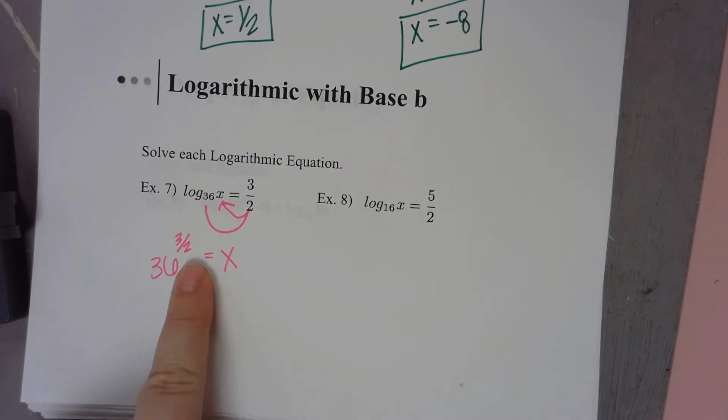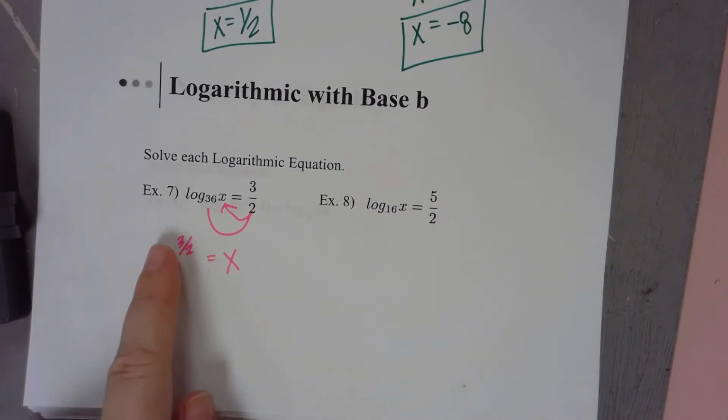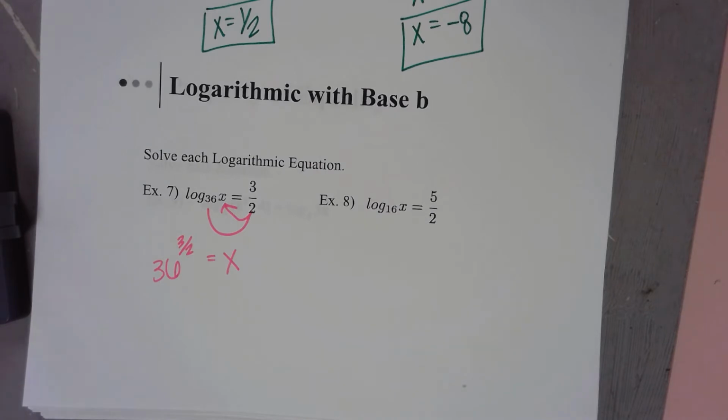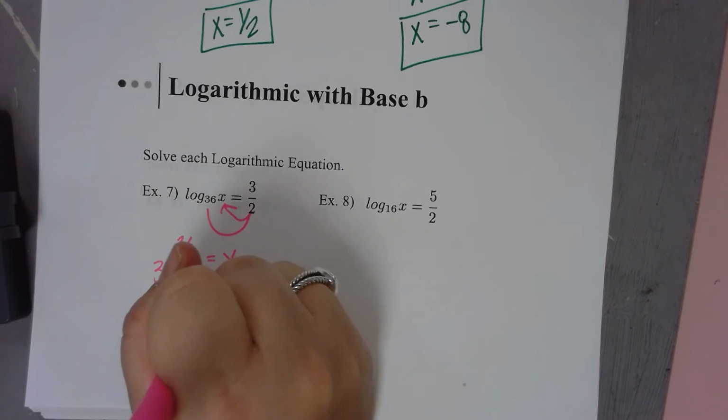Remember that this would be a square root, and then this would be to the 3rd power. You could break it down by hand, whatever you want to do. For time reasons, I'm going to just type it in. 36 to the 3 over 2 power. And that is 216.